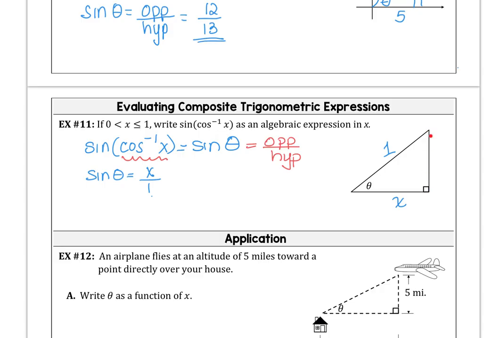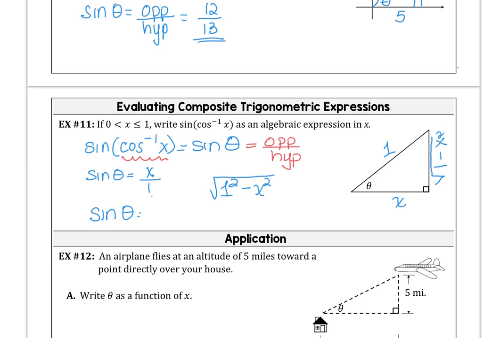We want to find the length of this missing leg. So we could do that using the Pythagorean theorem, a squared plus b squared is c squared. So we have the hypotenuse squared minus x squared is the length of this side. So this side is the square root of 1 minus x squared.